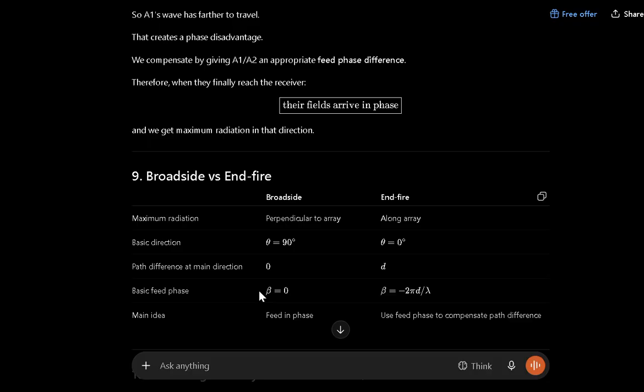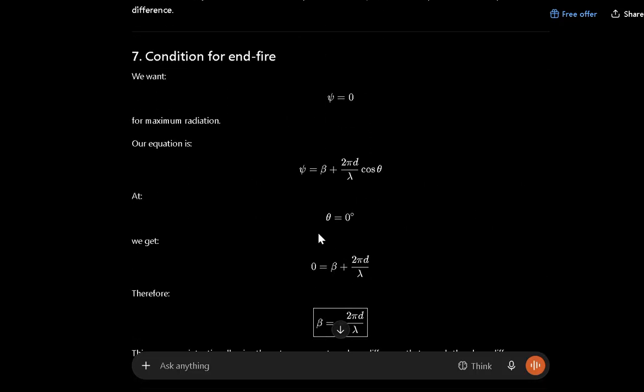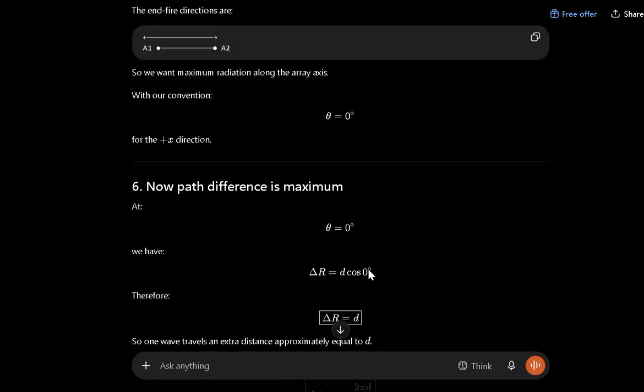Here along the axis the path difference equals d. In the basic feed, beta equals 0; here beta equals minus 2 pi d by lambda, which is the feeding phase we use to compensate. We made psi equal to 0, so beta equals minus 2 pi d by lambda.